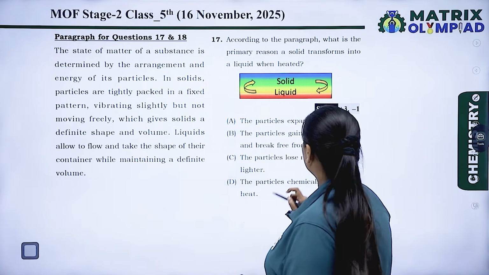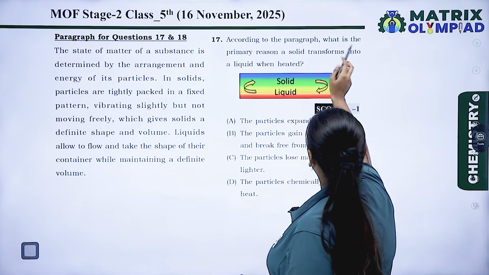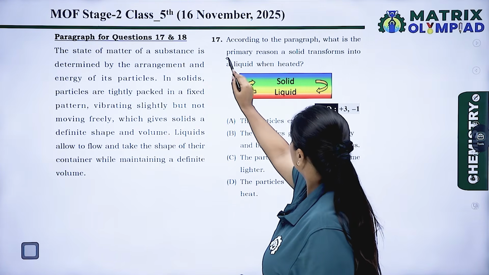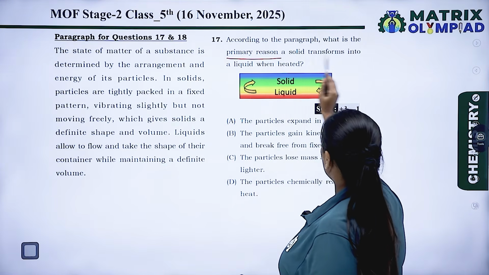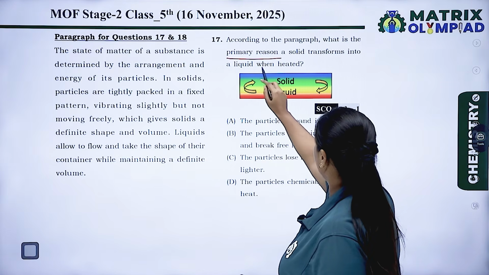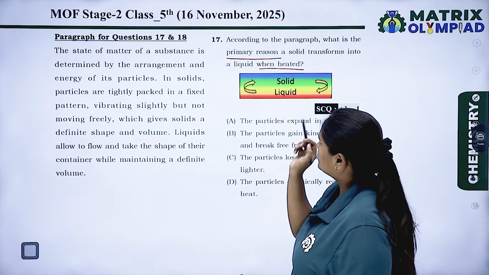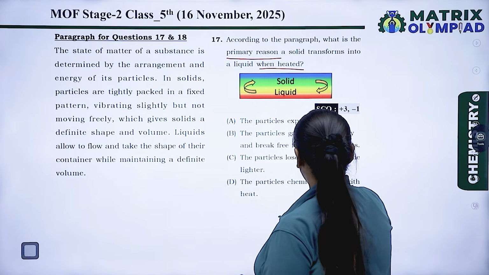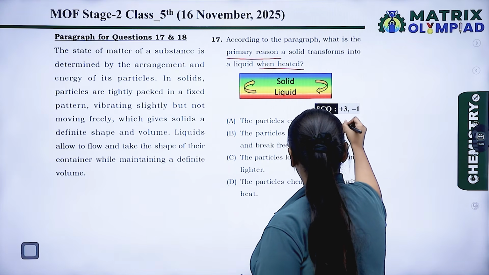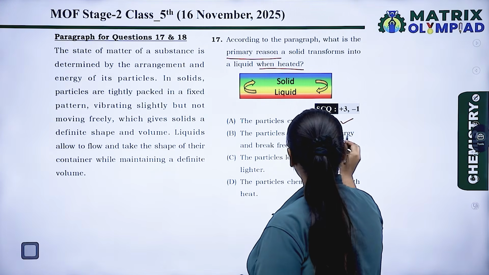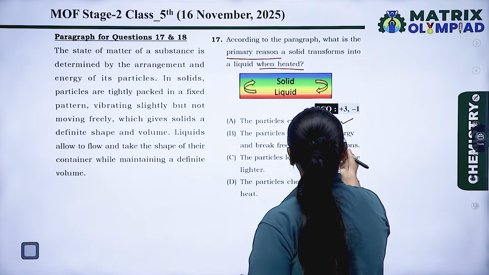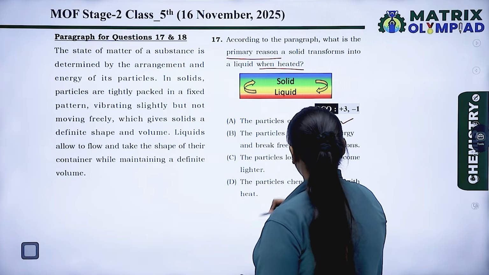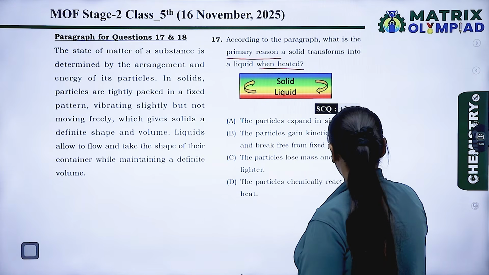Now we read the question. According to the paragraph, what is the primary reason a solid transforms into a liquid when heated? So we have to find the primary reason. Option A, the particles expand in size. Option B, the particles gain kinetic energy and break free from fixed positions. This statement is correct.